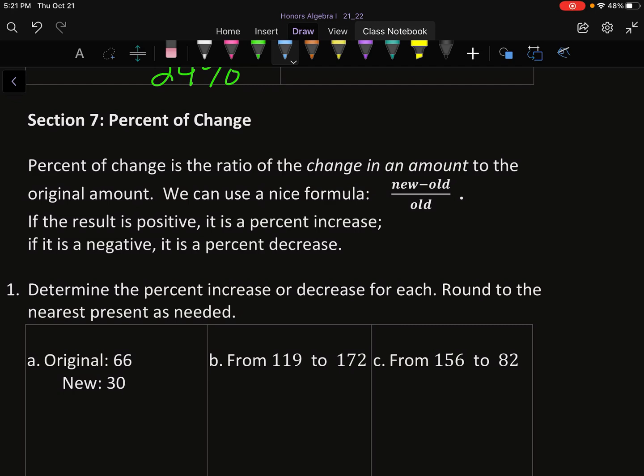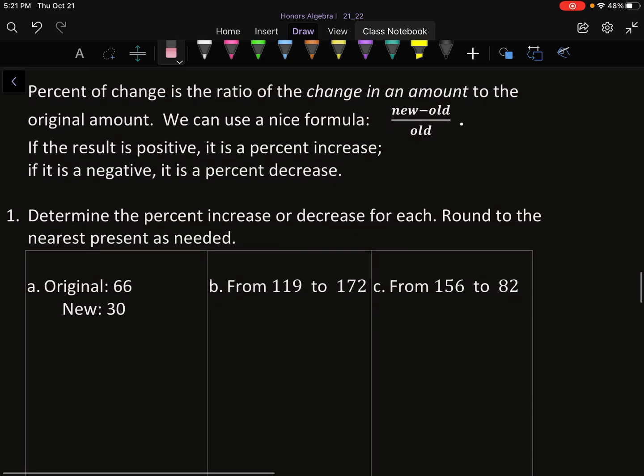So I said, original or new amount and old amount. We can use the nice formula, new minus old over old. So new value minus the old original value is divided by old. If the result, which is going to come out as a decimal, is positive, then it's an increase. If it is a negative decimal, then it is a decrease.